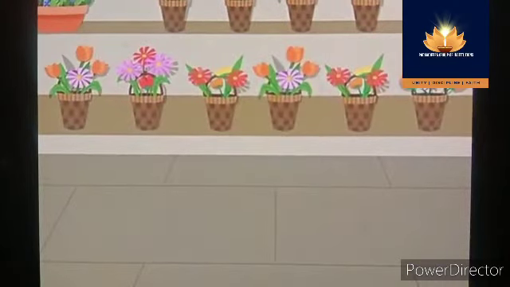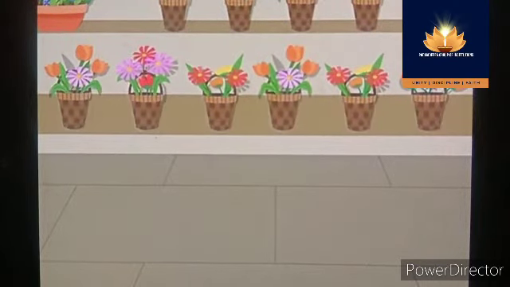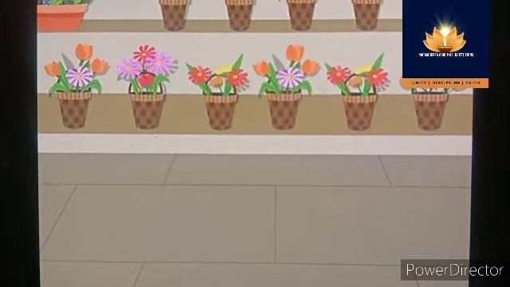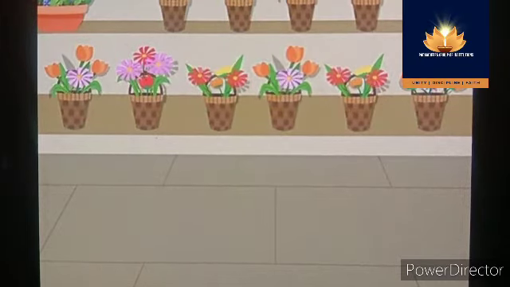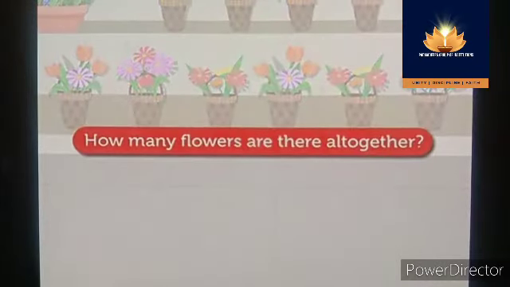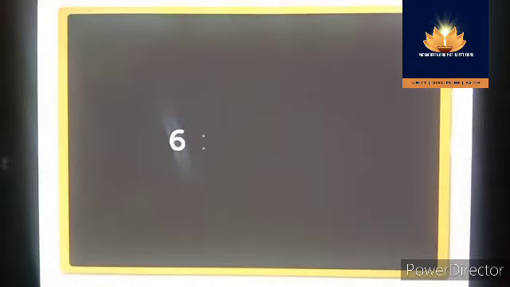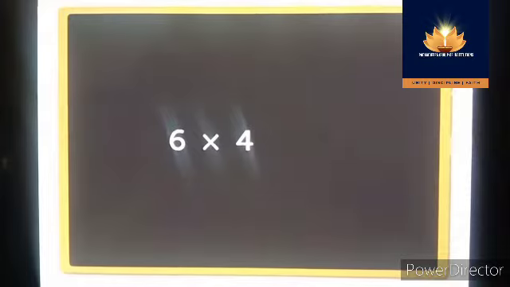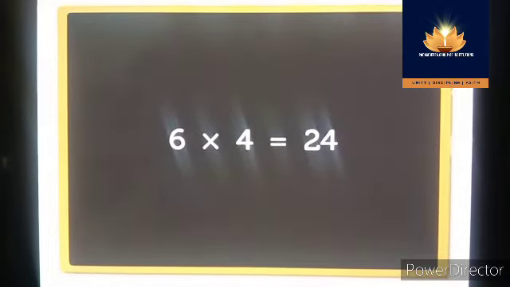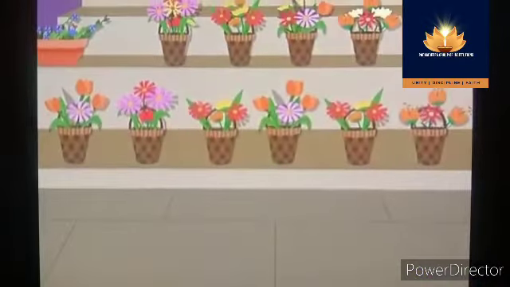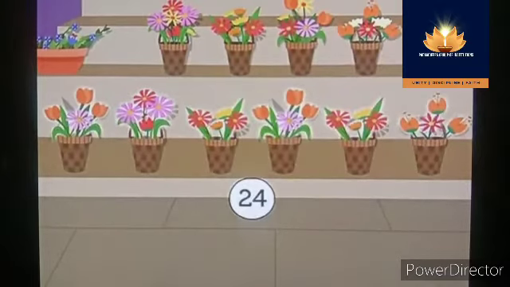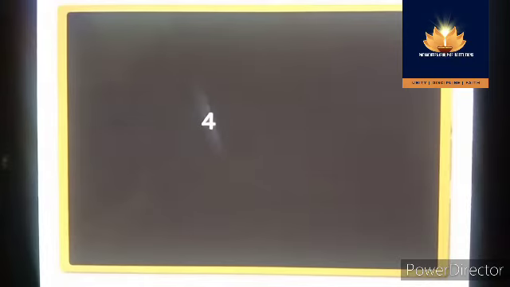Look here, there are 6 baskets and each basket contains 4 flowers. So how many flowers are there altogether? That is 6 into 4 is equal to 24. There are 24 flowers in all.